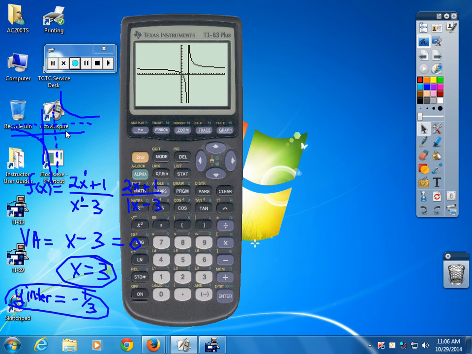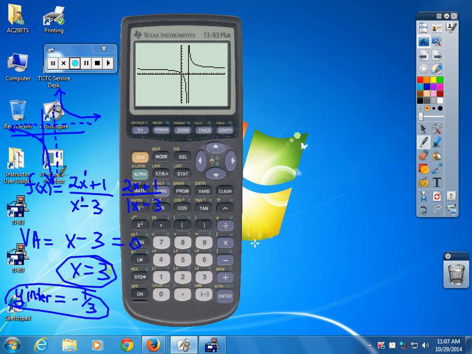Infinity, because this is an arrowhead, and this is an arrowhead. All right, what is our range? From negative infinity to what? What did I find? 2. And then from 2 to what? Positive infinity because of that.